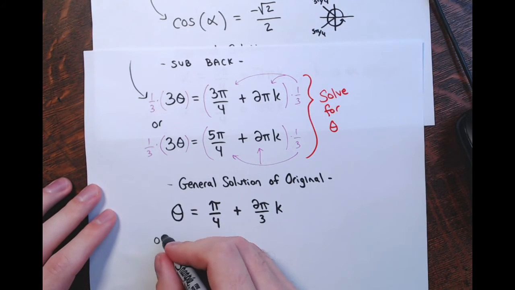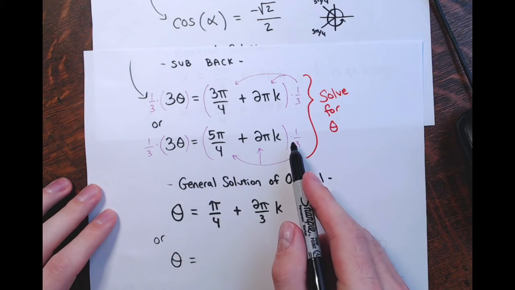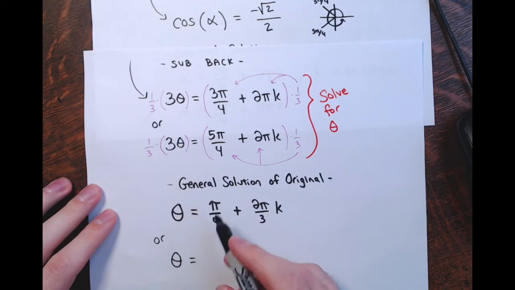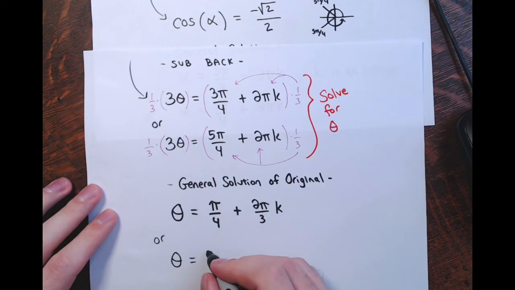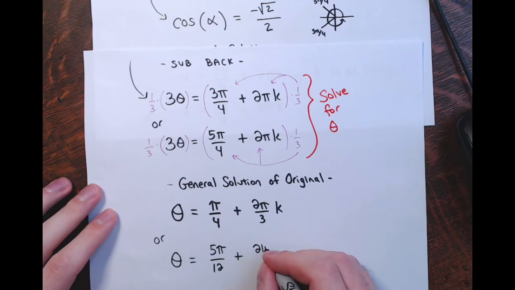Or the other line, multiplying this by 1/3, theta could be equal to 1/3 times 5 pi over 4, which would be 5 pi over 12, plus 1/3 of 2 pi k, which would be 2 pi over 3 times k.